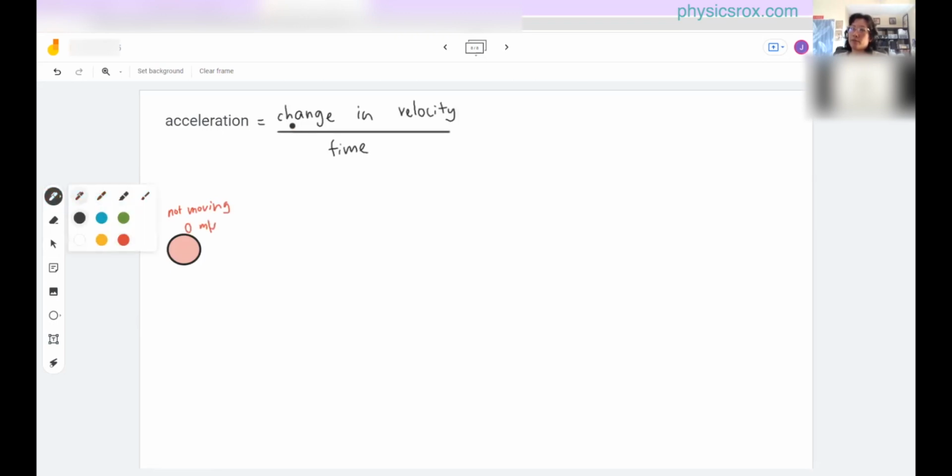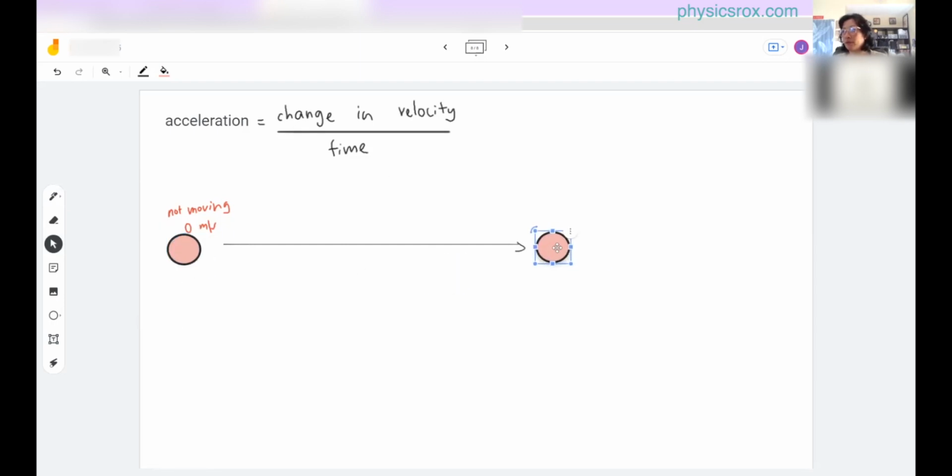Then it starts to move, and it manages to reach a velocity of, let's say, 10 meters per second, and it takes 5 seconds to get there. So to calculate the acceleration, the change in velocity means how the velocity is changing. We call this the initial velocity because it's the starting velocity. Usually the symbol is u.